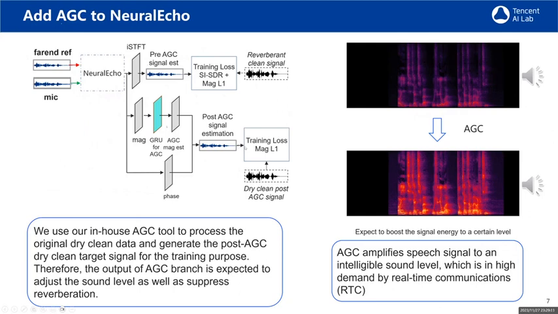And that signal is used to compute the loss function with a dry clean post-AGC signal. The AGC branch does both the dereverberation as well as the gain control. So we use our in-house AGC tool to process the original dry clean data and generate the post-AGC dry clean target signal for the training purpose.